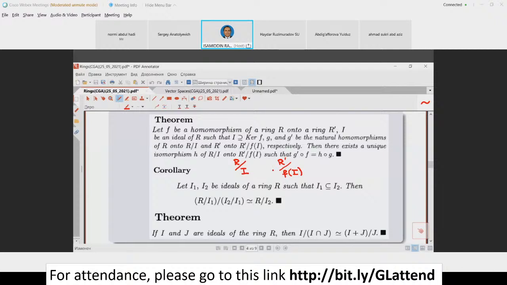I have two projections, from R and from R prime. So this is my F. I have two projection maps here. One of them is denoted by G, and this is denoted by G prime.